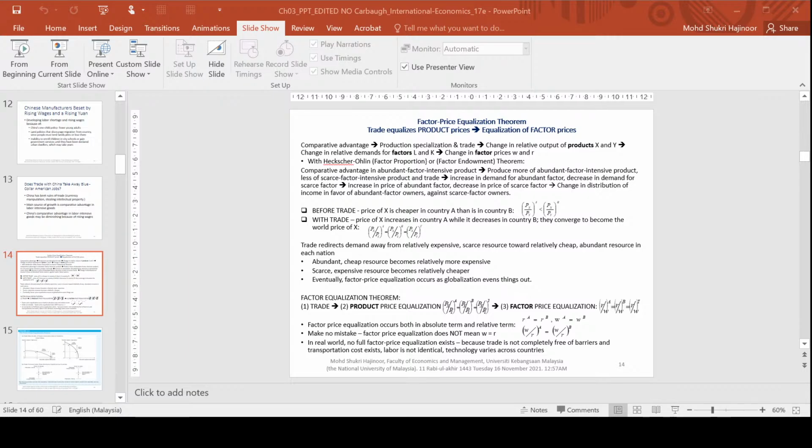To explain this, who gains and loses from trade? To explain also this magnification effect, that the change in the factor prices is higher than the change in the product prices.